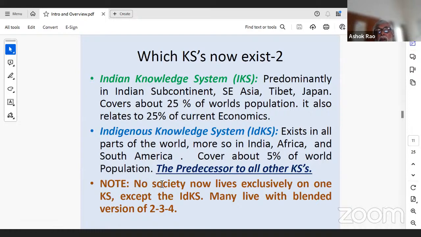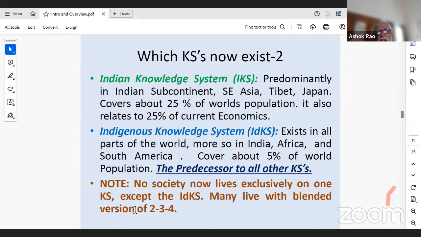And you need to note, no society now lives exclusively on one knowledge system except the indigenous knowledge system. Many live with a blended version of 2, 3, and 4. Minimum 2. Little bit of Western knowledge system, little bit of Indian knowledge system. Sometimes 3.